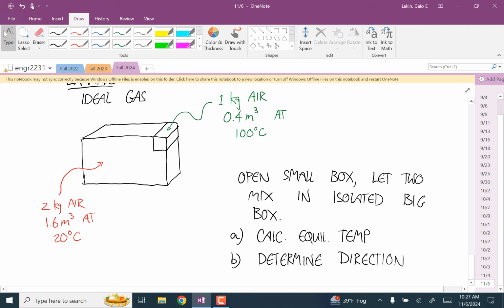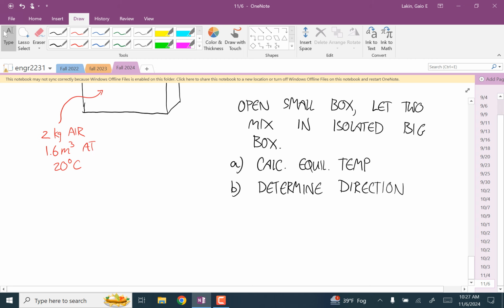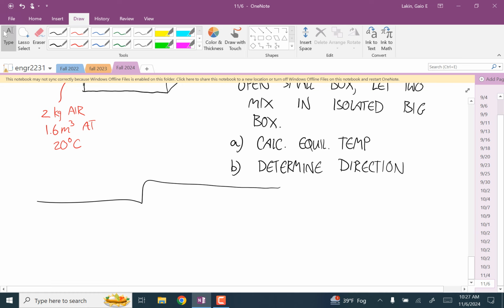This is a pretty small range of temperatures, so this is a small temperature change.